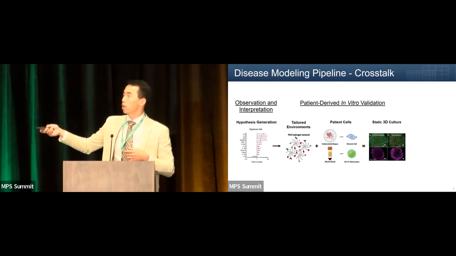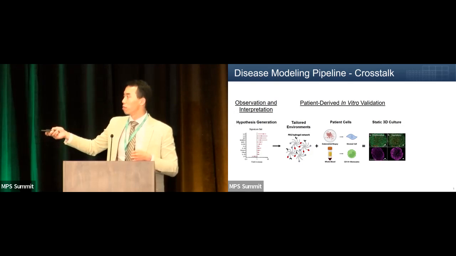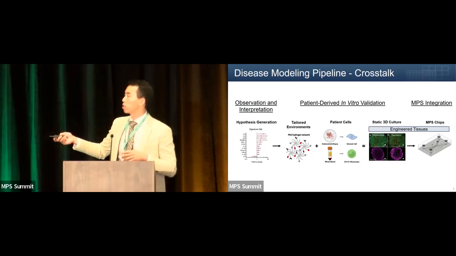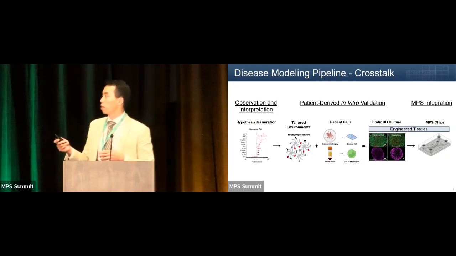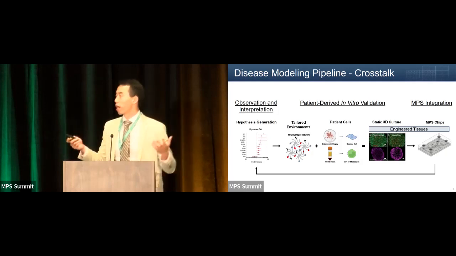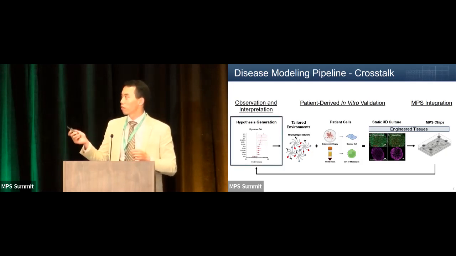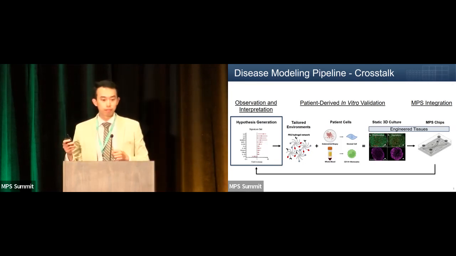We first place them into static three-dimensional culture. But ultimately, what is a developing story is integrating these systems into MPS devices. And there's a feedback loop, ideally, through understanding more of the mechanistic drivers behind disease.